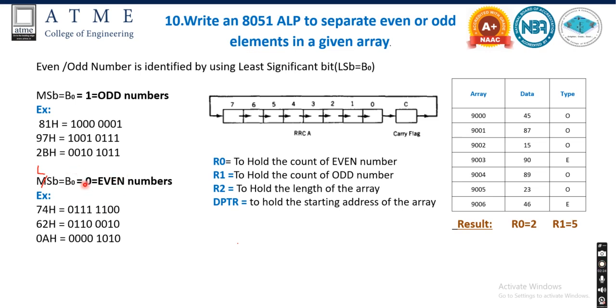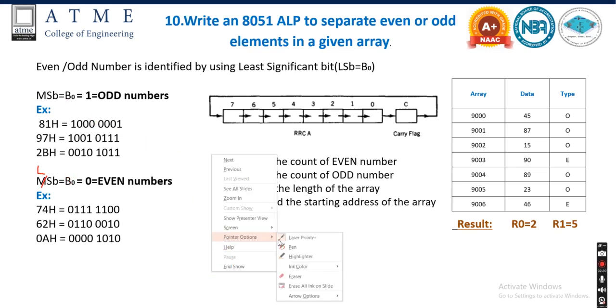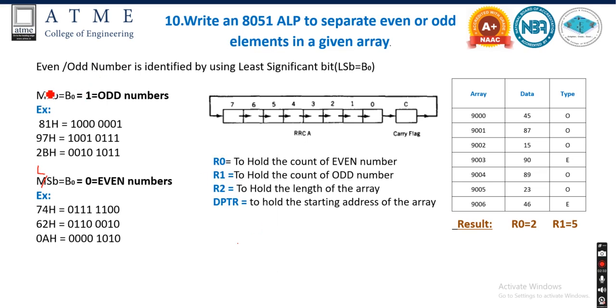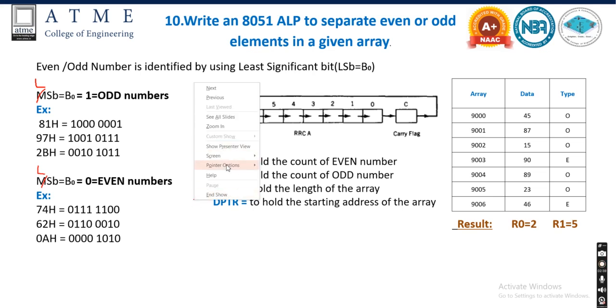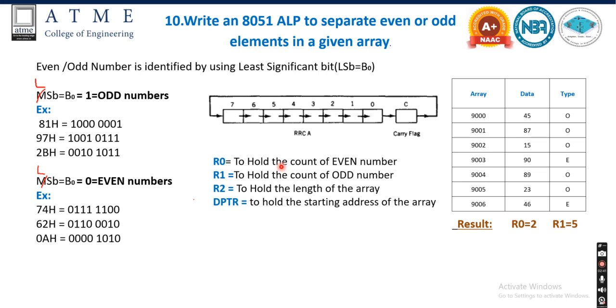In order to check the status of the LSB, we can use the rotate right instruction. Whenever you rotate using the rotate right instruction through carry, you will get B0 in the carry flag.